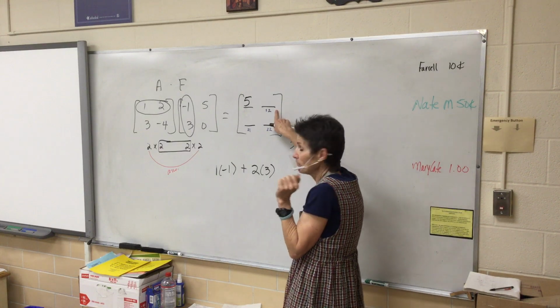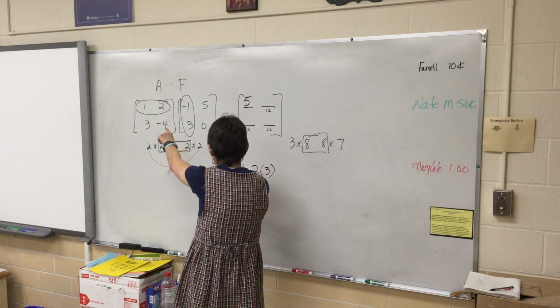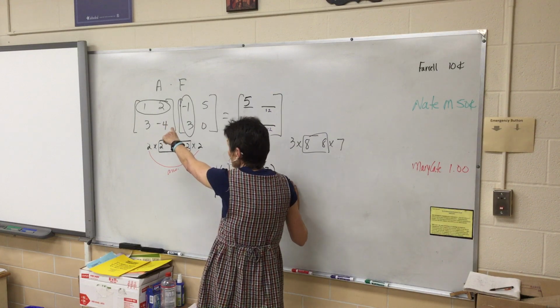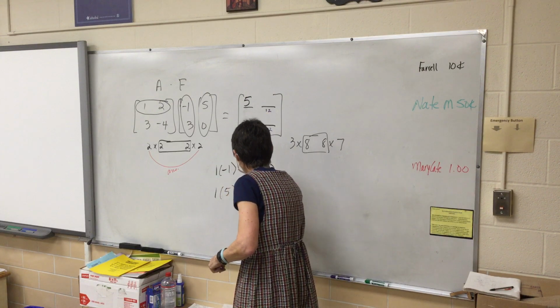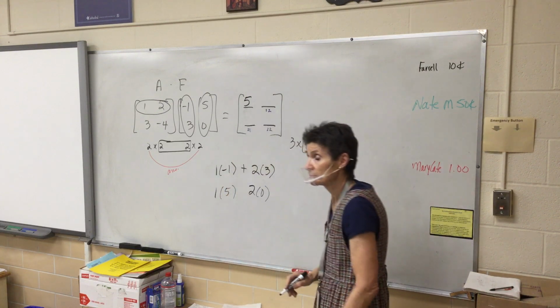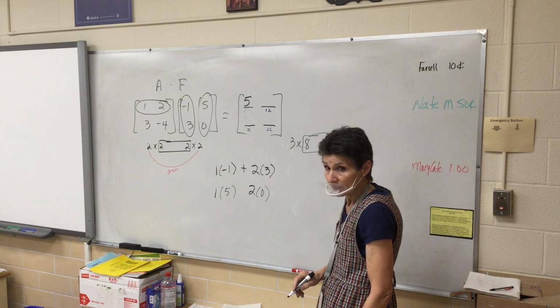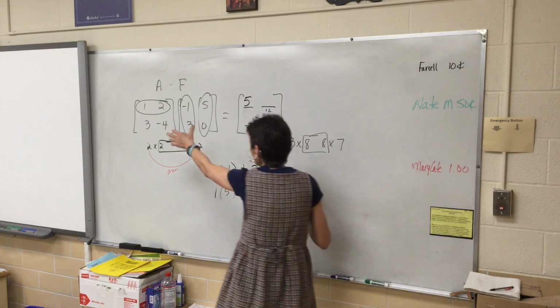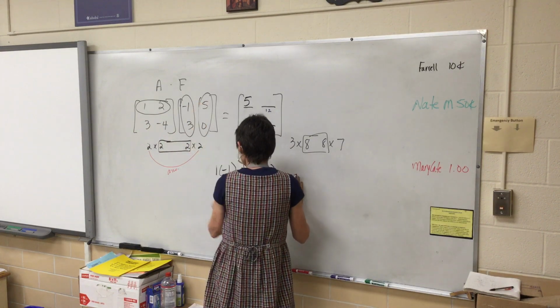Now, when I step over here, I'm still doing first row, so that's still 1, 2. But now I'm doing second column, which is 5, 0. Right? First row, 1, 2. Second column, 5, 0.